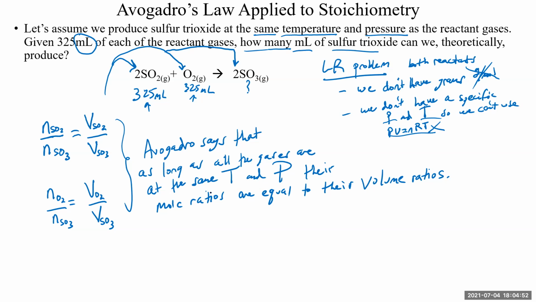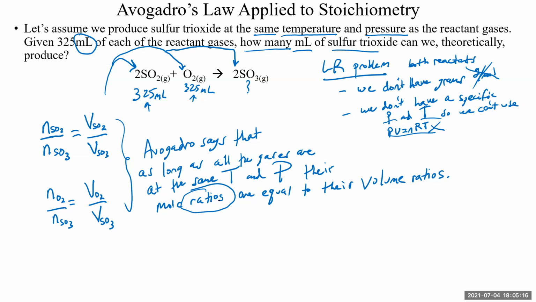But the ratios are completely equal. We can know that for sure. In fact, we know that the mole ratio of sulfur trioxide to sulfur dioxide is 2 to 2, or 1 to 1, in other words. Therefore, we know that the volume ratio of sulfur trioxide to sulfur dioxide is 1 to 1.